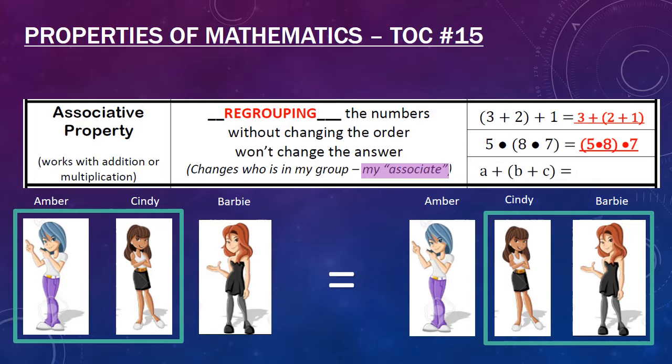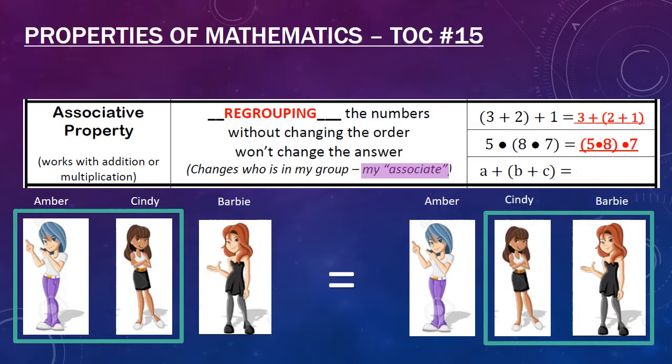But if I move my parentheses and do 5 times 8 first, that's 40. And I can mentally do 40 times 7 because 4 times 7 is 28, and add a 0 and get 280. So you use properties of mathematics to make your math calculations easier. And they're just different rules that you can use to help you with mental math.